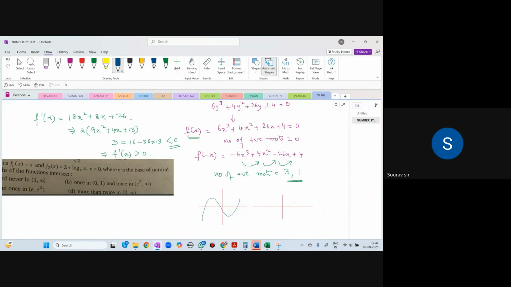Now, if this has to happen, then in this part of the graph, f dash x has to be negative, which cannot be the case as per this. That means it cannot come down. The graph is always going up, right? So therefore, the graph will be like this. So it will have only one root. Is it clear? Understood?